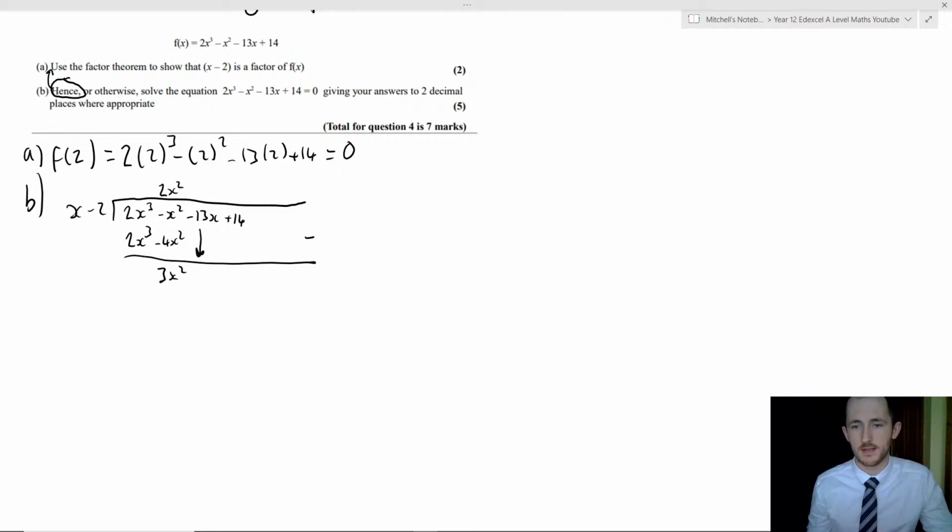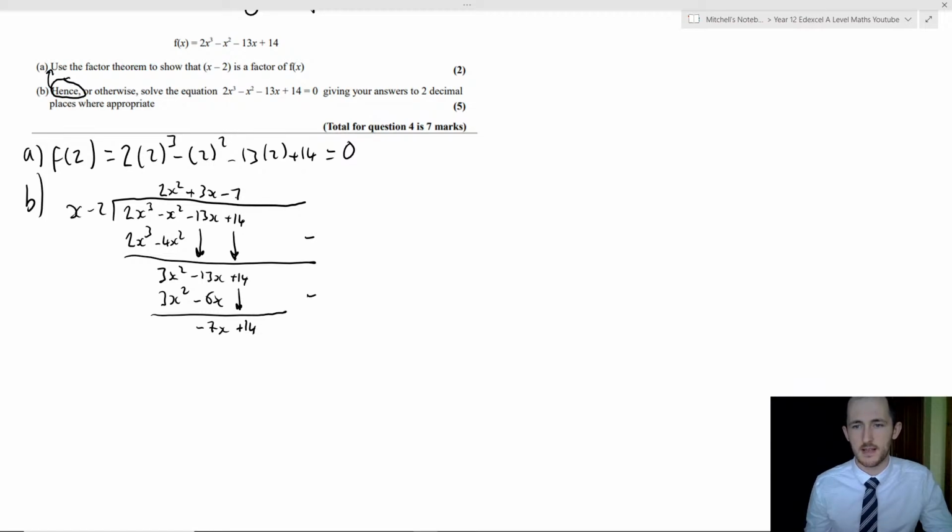And these things come straight down, and we get minus 13x plus 14. Divide it again, we get plus 3x. Times it again, 3x squared. So you can see how quickly you'll be able to do this eventually. Slowly speed up to build confidence. 0, minus 13 minus 6 would give me minus 7x, and then the 14 will come straight down.